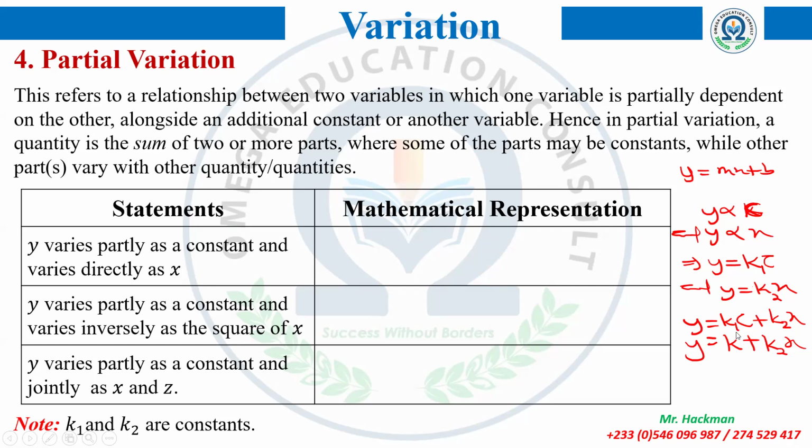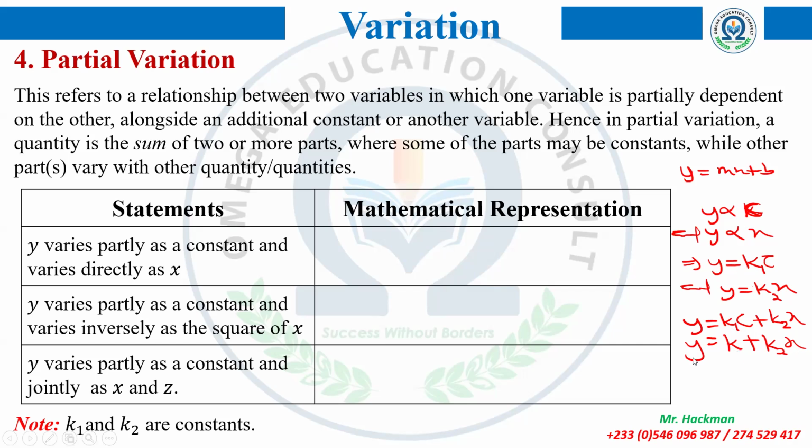So k1 c: c is a constant, k1 is also a constant. Only that this is a constant that came from the question, and this is a constant that came from the variation, the constant of variation. However, we know that a constant times a constant will give us a constant. So I replace the whole of this by a constant k. You get it? Yes, please.